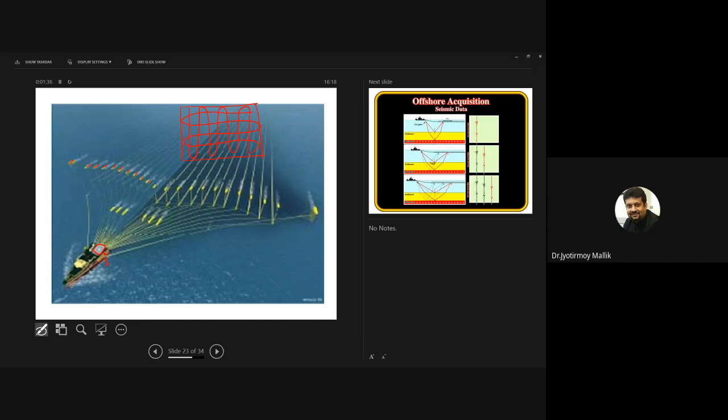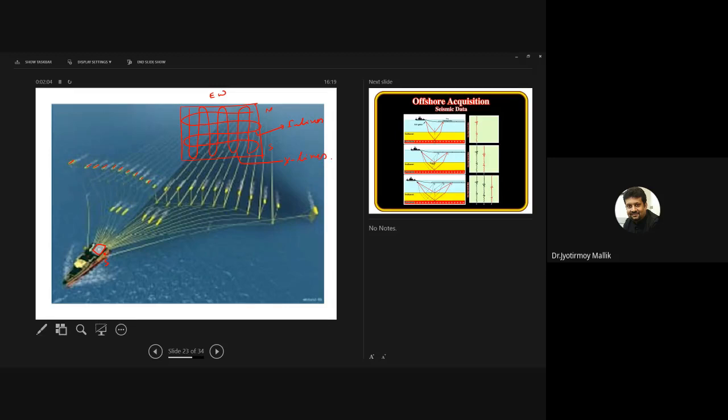Suppose this is east west, this is north south. They first do an east west traverse, and then a north south traverse. The east west traverses may be called inlines, and the north south traverses called cross lines.